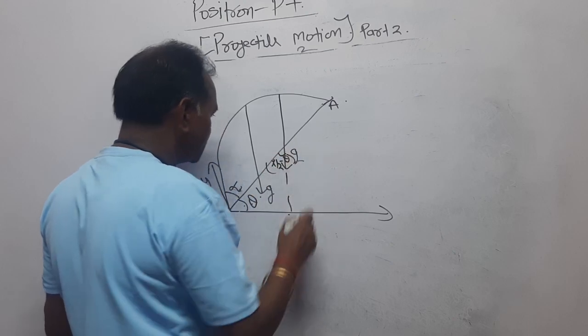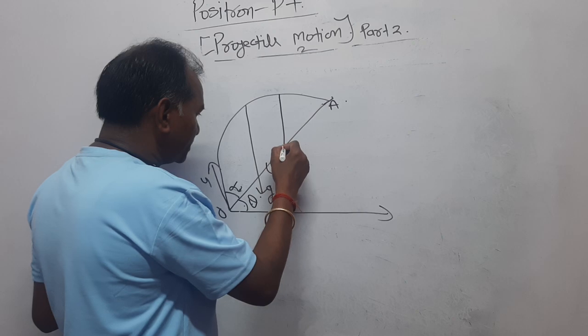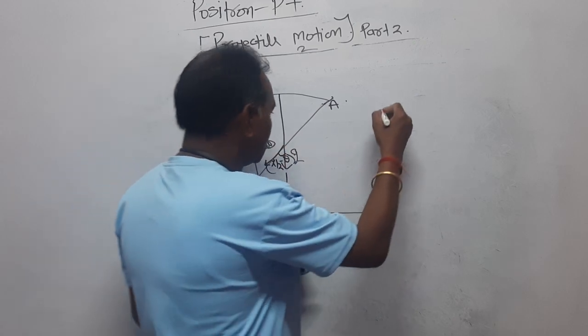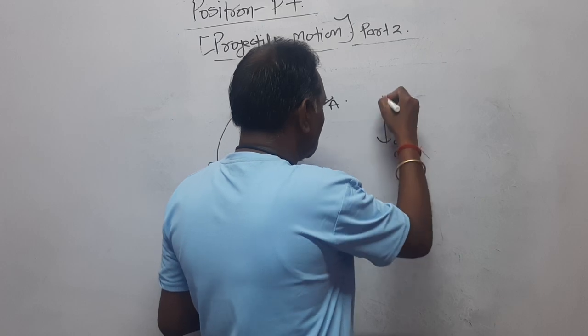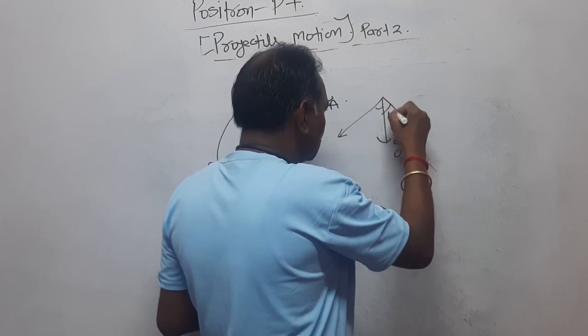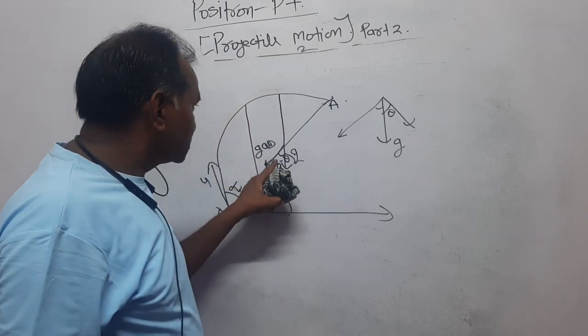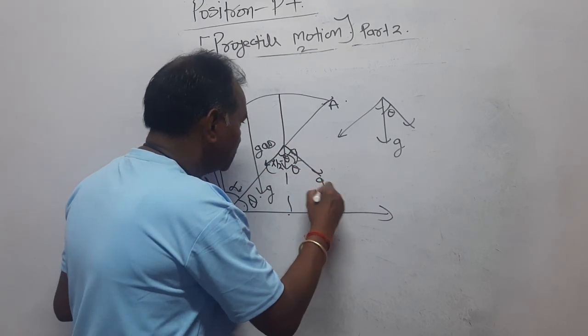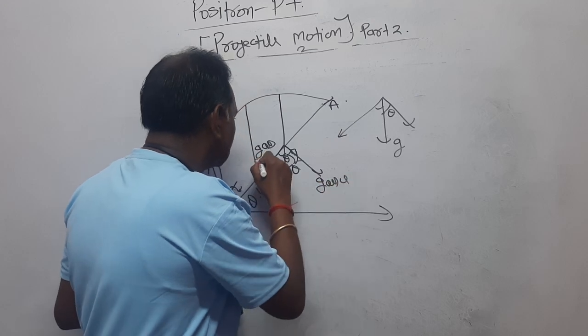Look here. G has a component along this. G is this. This is 90 minus theta, so you can say it is theta. So it is G cos theta and this is G sin theta.